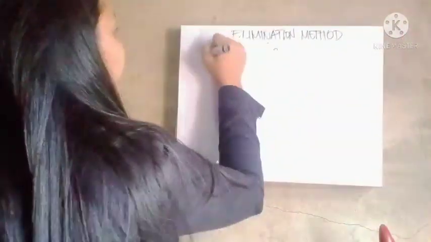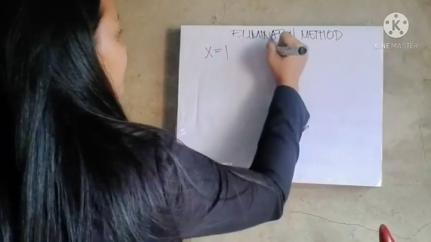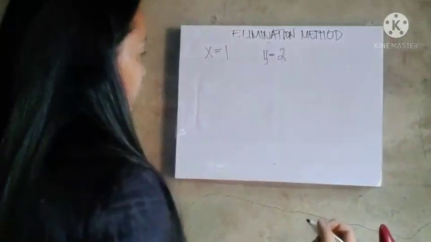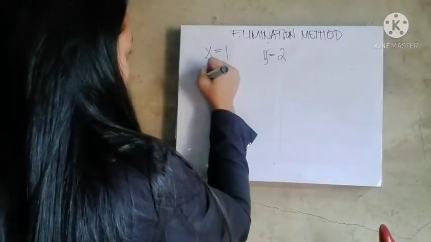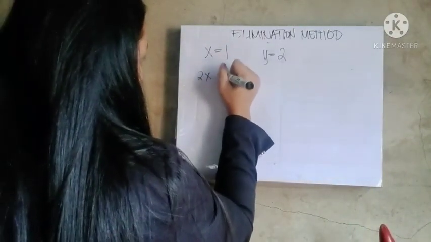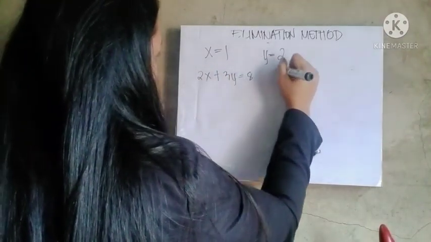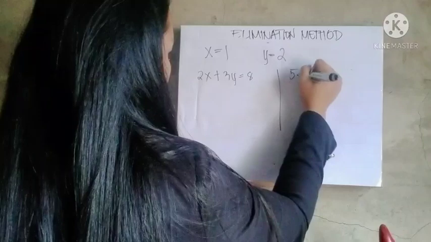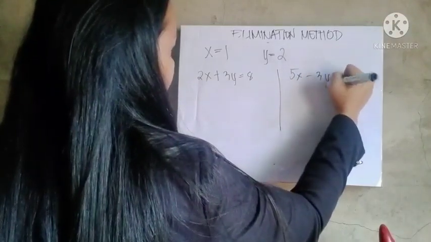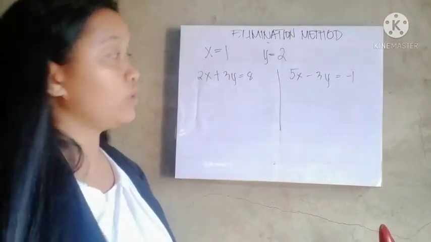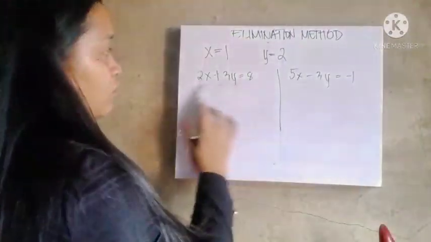Since the value of our x is equal to 1 and the value of our y is equal to 2, using this equation, simply substitute these values into this equation.